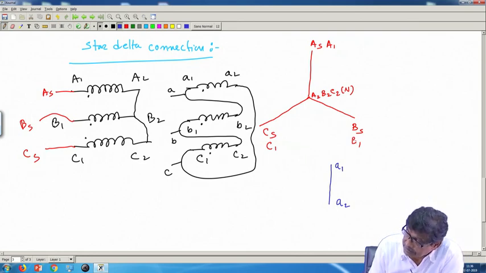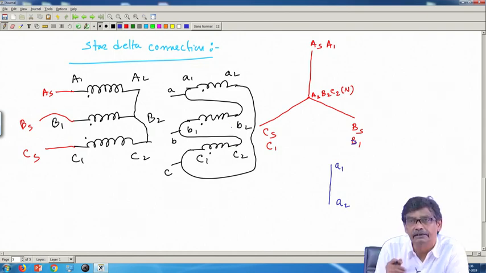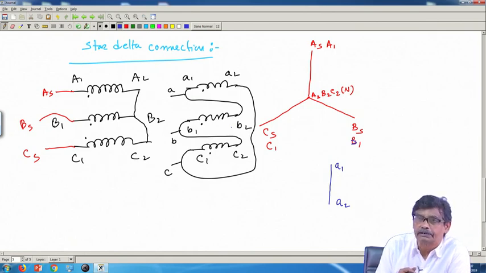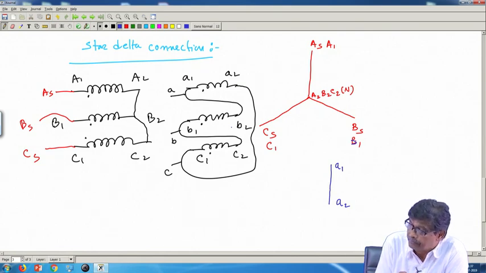This is Bs. Then B1 B2 parallel to that the secondary voltage has been induced, that I get from single phase, that is induced voltages in each transformer will be co-phasal with the primary voltage, that we know. So, B1 B2, but this time I have joined B2 with B1.